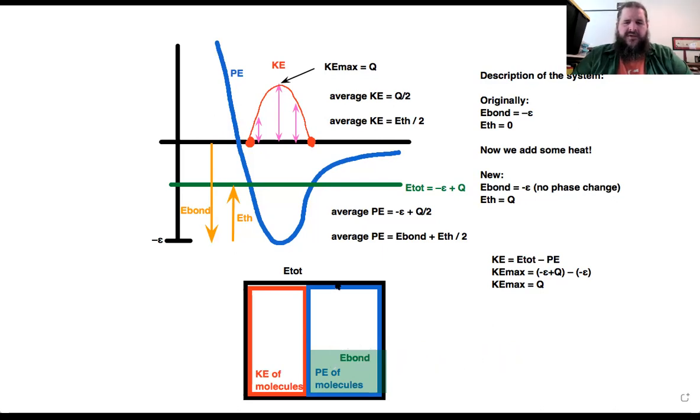But the rest of the potential energy and all the kinetic energy count as thermal energy. So all this would count as thermal energy.